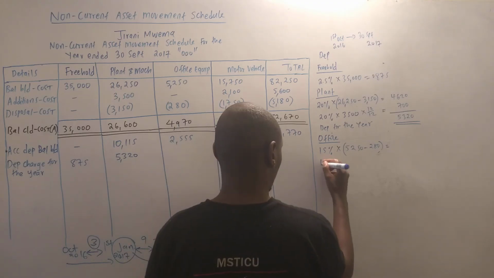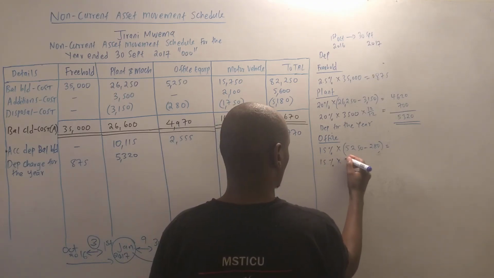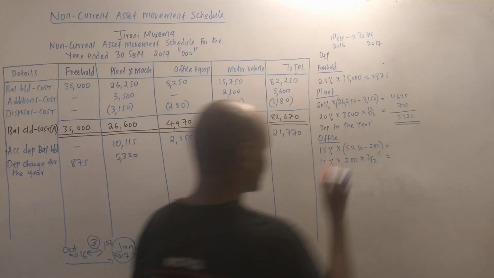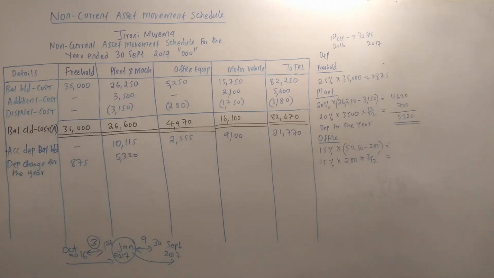That is 15% times 280 times 3 over 12, only those 3 months. The 280 that was sold, it was sold in 2017, but in that year it was used for at least 3 months. So just consider those 3 months before we sold it.